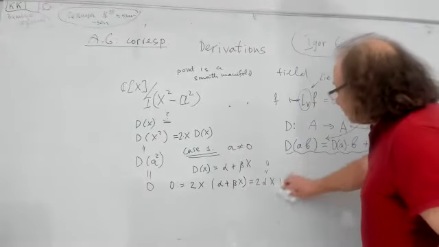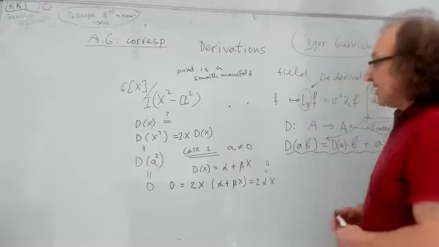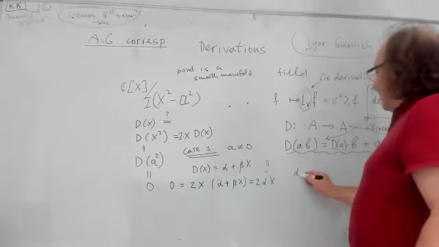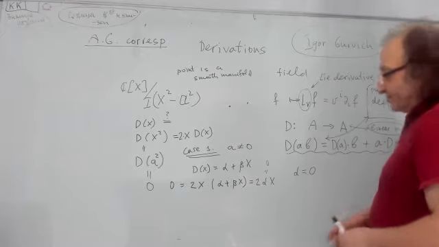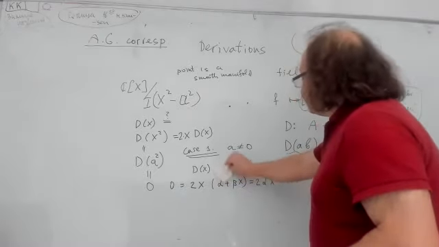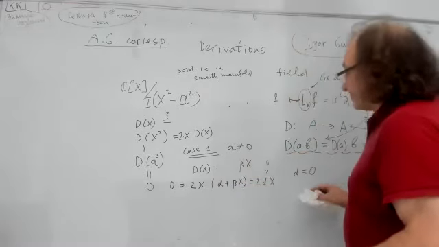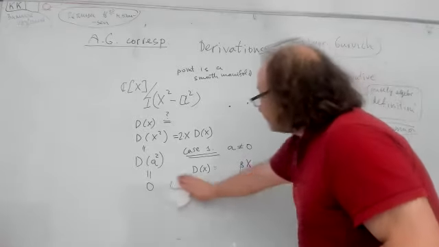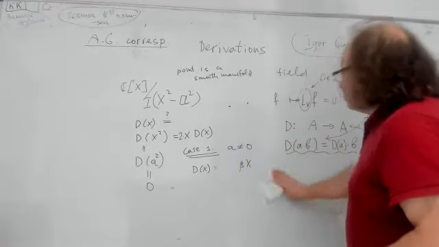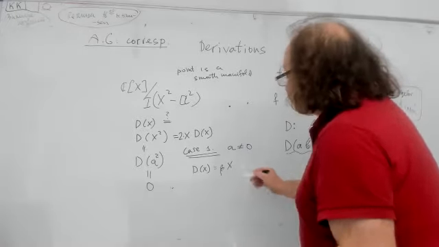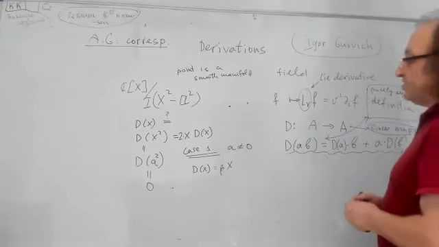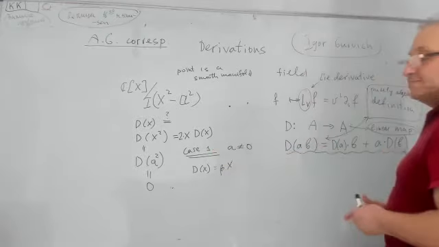Now, consider the case when A equals 0. Then the second term disappears. And the only condition is alpha equals 0. Great. So we conclude that all derivations have this form.